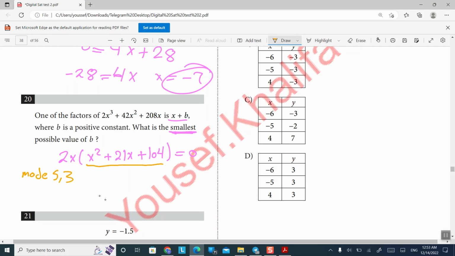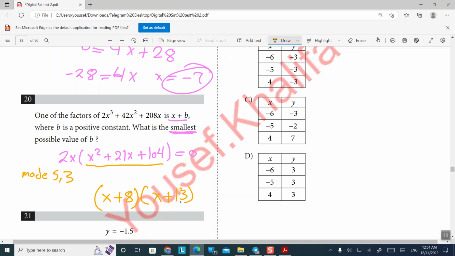You'll find out that one factor is x plus 8, another one is x plus 13. Yes, that's 13.